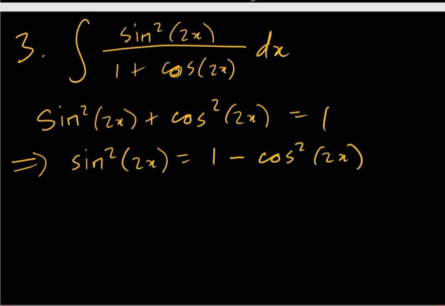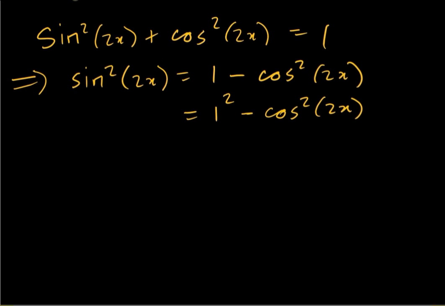Now what we'll notice here is that 1 is also equal to 1 squared, because 1 times 1 is 1. So we can write this as 1 squared minus cosine squared of 2x. And this is the difference of two squares. And if you remember from high school, difference of two squares allows us to decompose it as this.